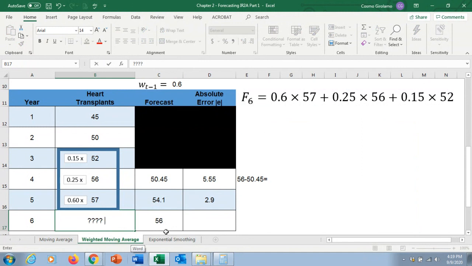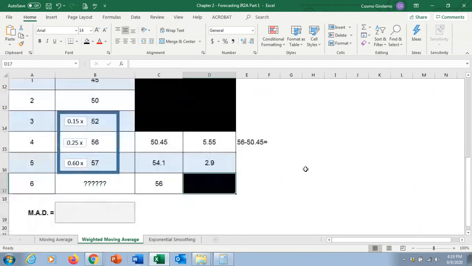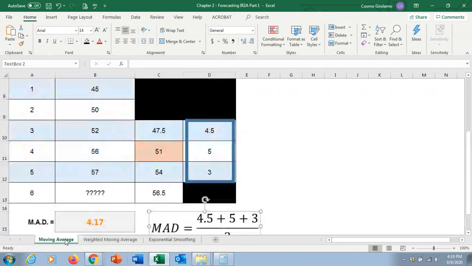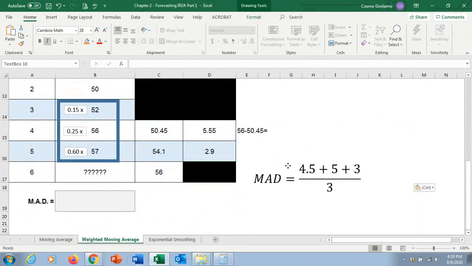We don't have what actually happened. That's why we're doing the forecast. And we also can't calculate an absolute error because there is no actual value. So what's our MAD in this case? Our MAD is calculated the same way.